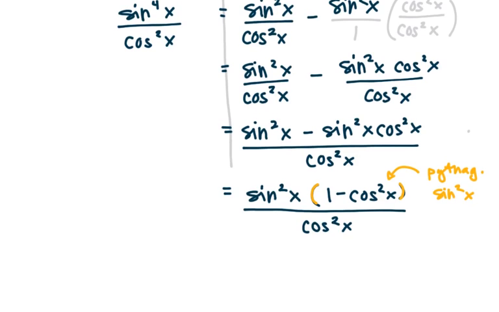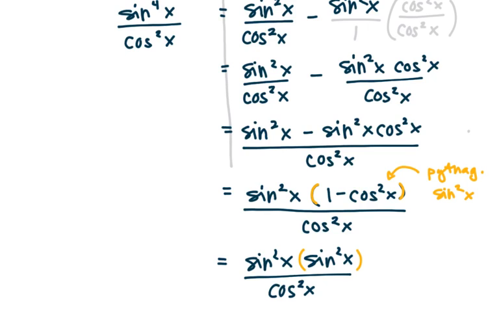So now I have sine squared x times sine squared x over cosine squared x. So I substituted sine squared in for 1 minus cosine squared x.